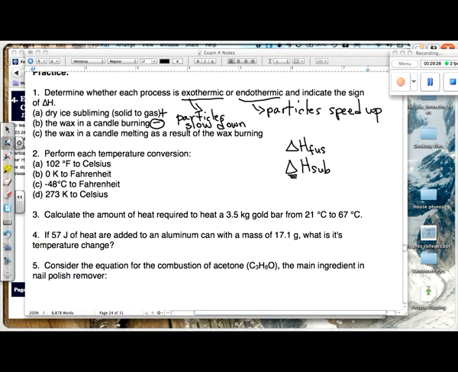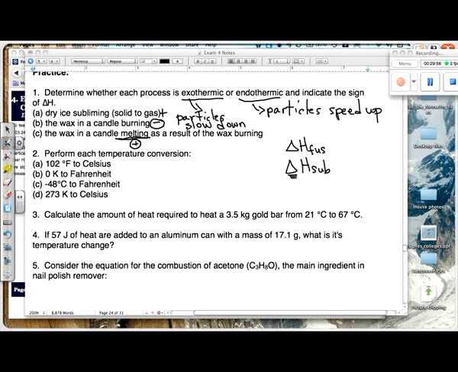That's the chemical reaction part of a candle burning. But there's also a phase change part, and that is the wax that melts from the burning. That's just a phase change, a physical change. So is melting represented by particles slowing down or speeding up? They are speeding up, so that part would be positive, endothermic.